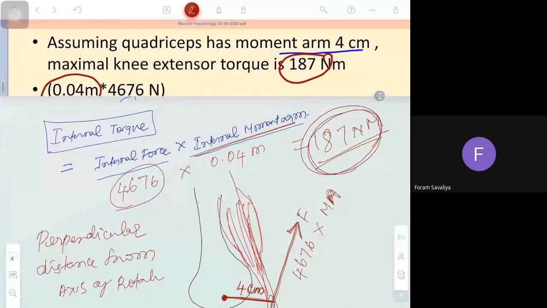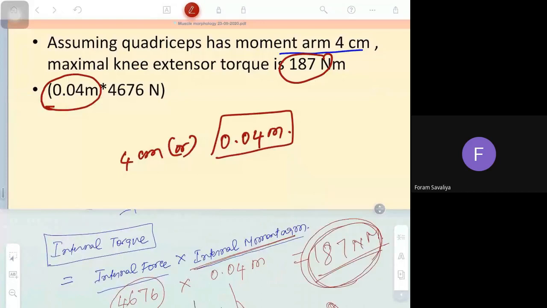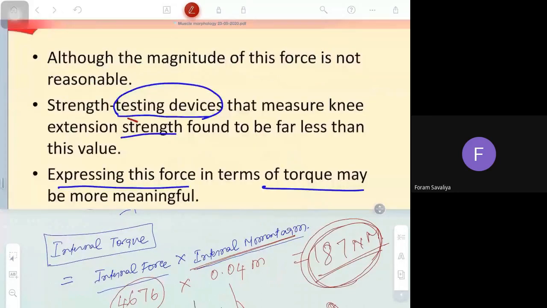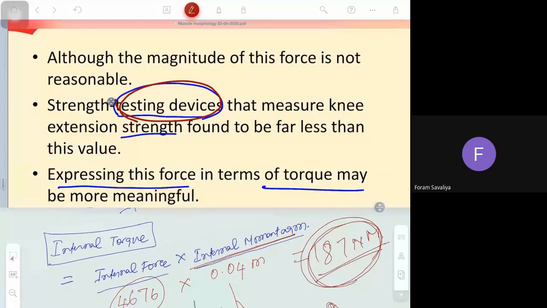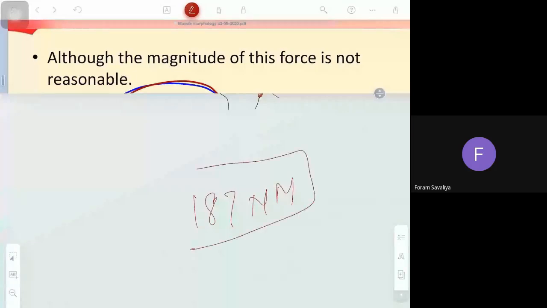Clear? When you measure the quadriceps, there are special testing devices which can measure the force. And they found that in the quadriceps muscle, 187 newton meter is generated. Clear?